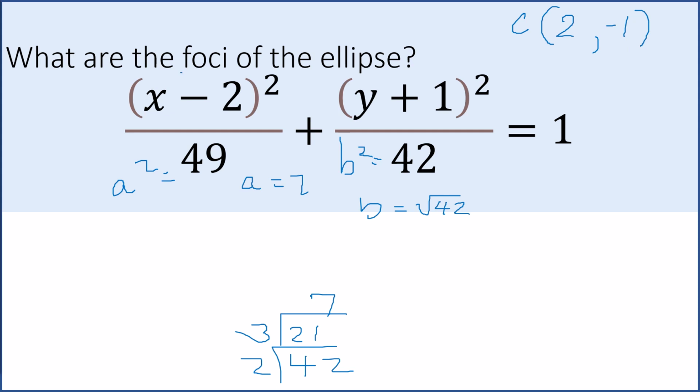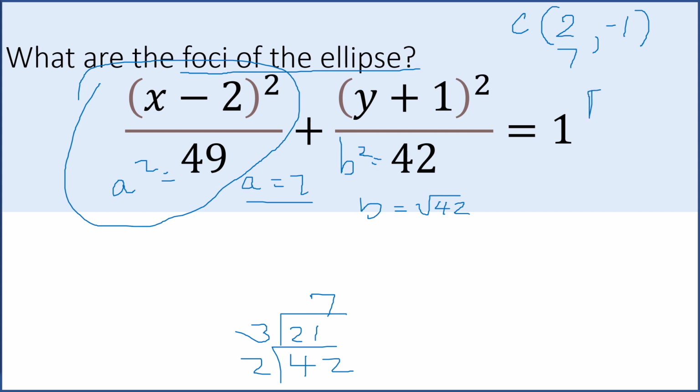All right, so the foci are going to go along the major axis. And the major axis always goes with the bigger denominator. It's a, or a squared. So we're going to add or subtract. We don't even have to look at b. We're going to add or subtract 7 to the x-coordinate to get the foci. So the first focus is 7 plus 2, or 9, and negative 1.